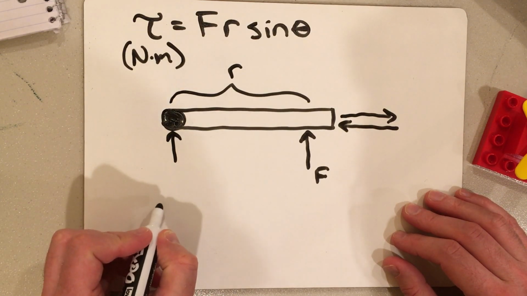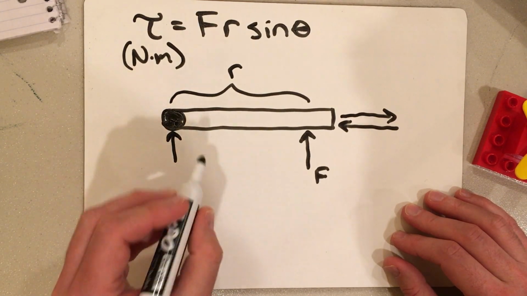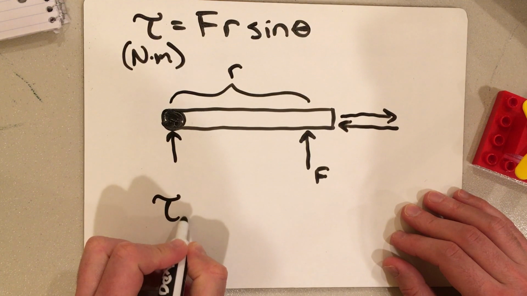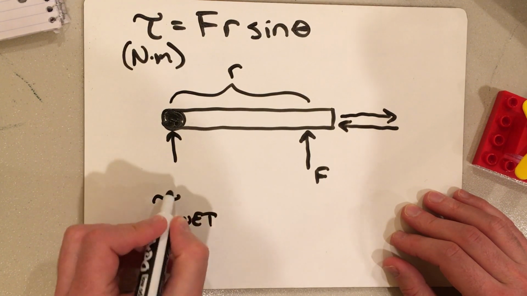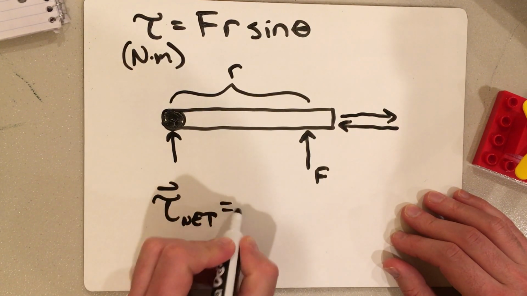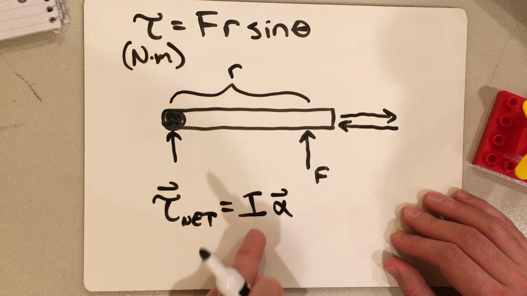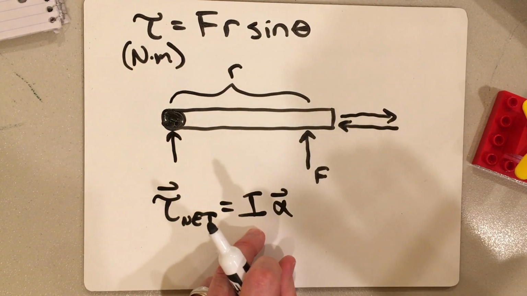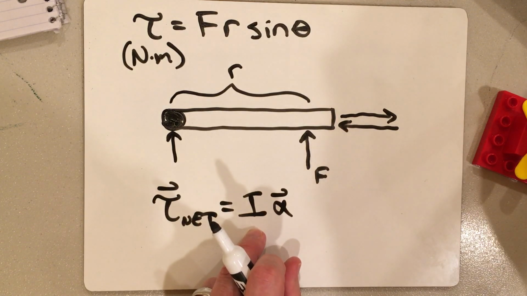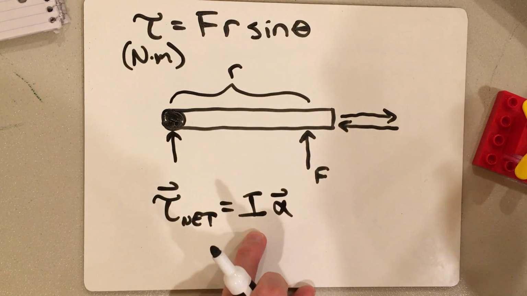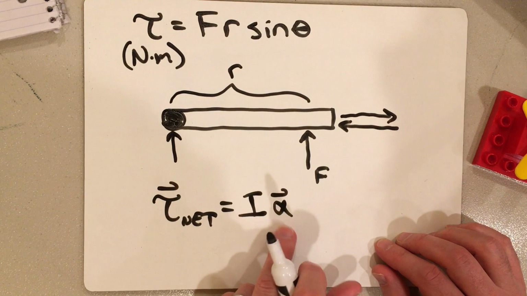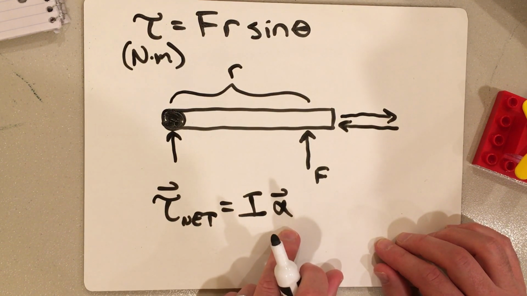We have another formula, though, that does account for the vector nature of torque. That formula is the net torque, and it's written this way. Torque equals I alpha. Once again, we have the moment of inertia, which I talked about in the rotational kinetic energy video and also the angular momentum video. And alpha is angular acceleration.